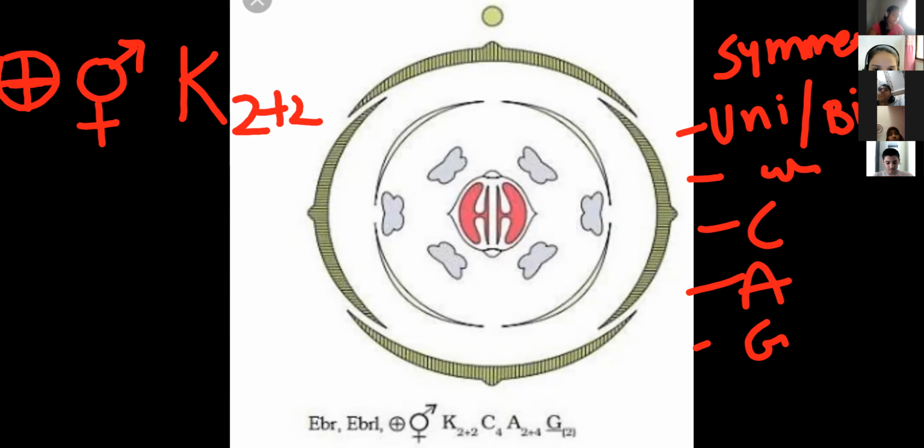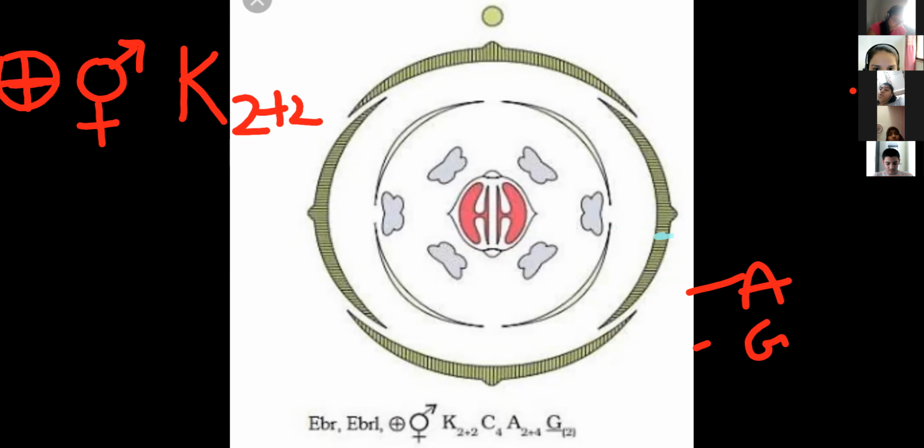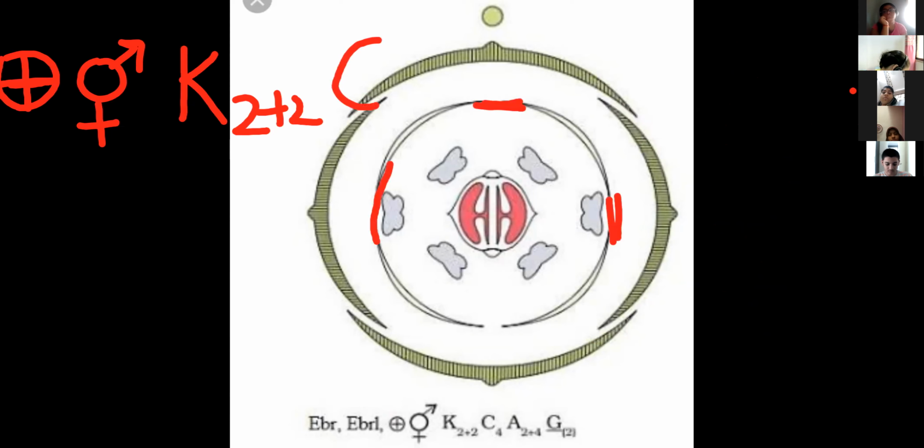After calyx, next is which word? Corolla. Corolla is represented as C, capital C. Here, how many petals are present? 4. And they are arranged in the same whorl. See, if we make a circle, all of them will come in one line. Yes or no?